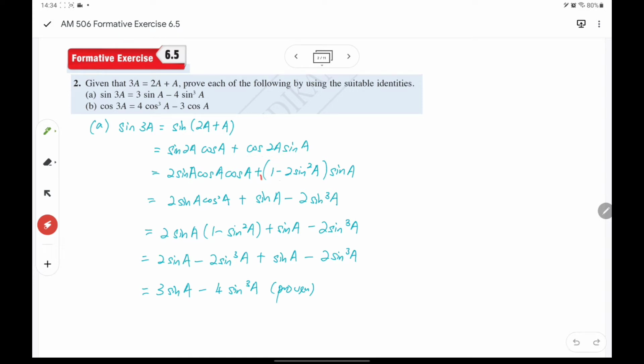We expand it with 1 minus 2 sine square A, so that most of the terms will be in sine function.